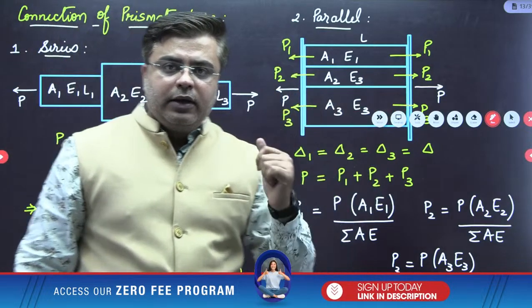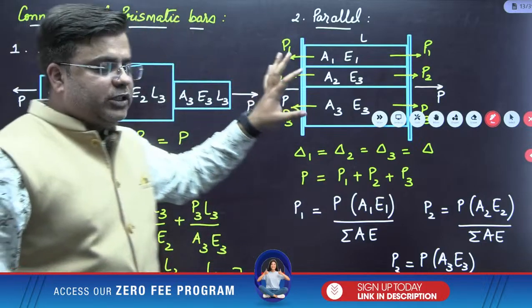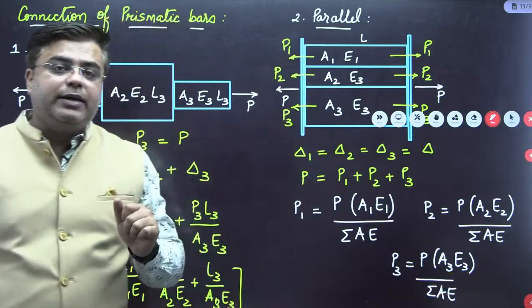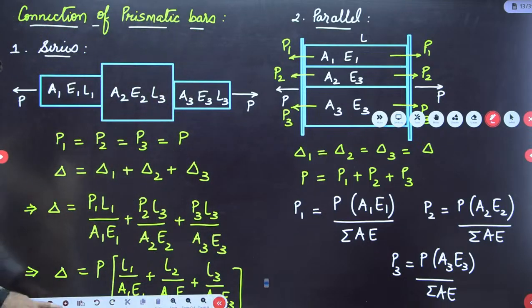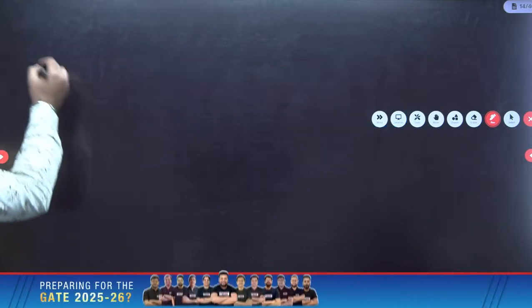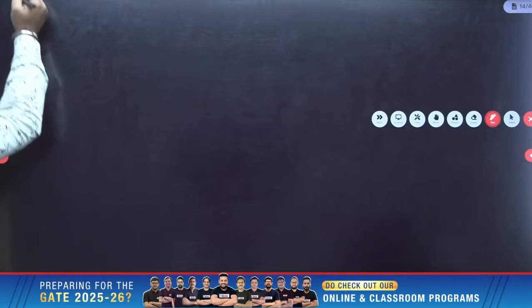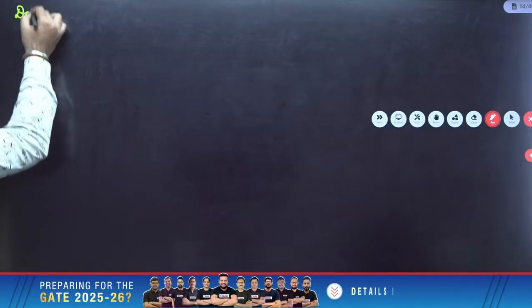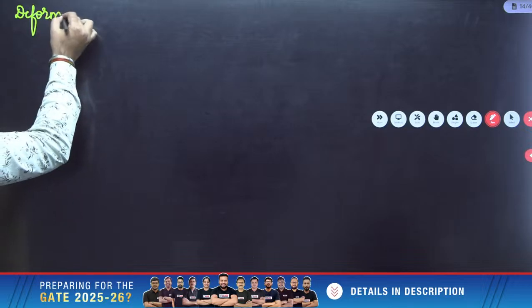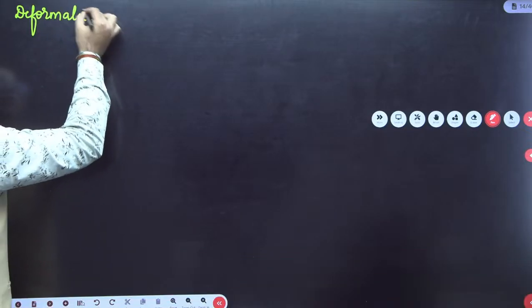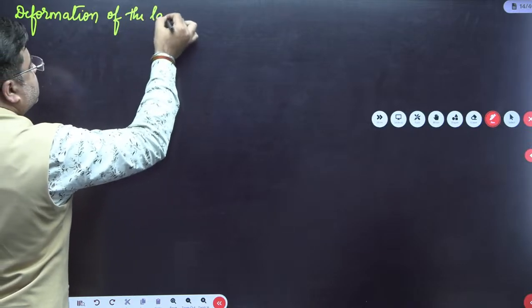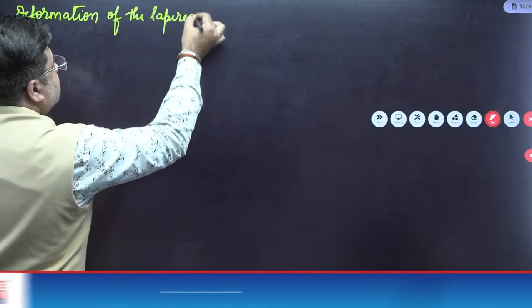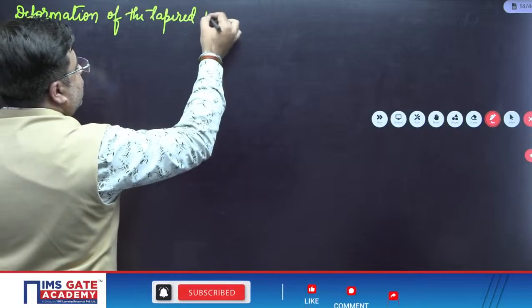After calculating the axial deformation of the prismatic bars, we have the tapered bars. So let's see the formulas also. Deformation of the tapered bars.